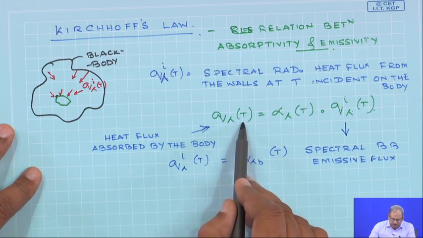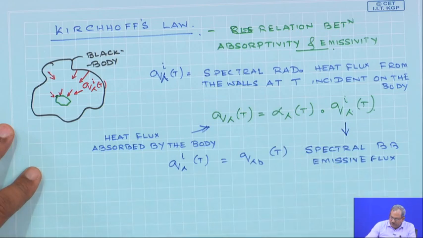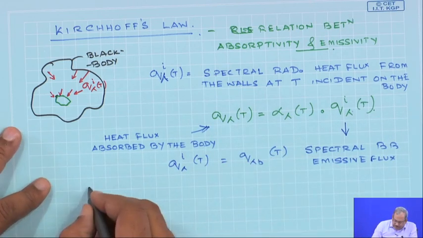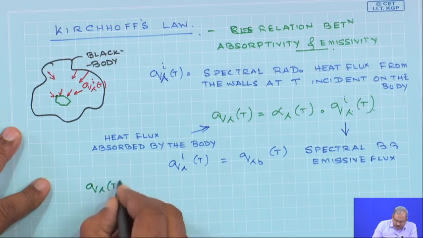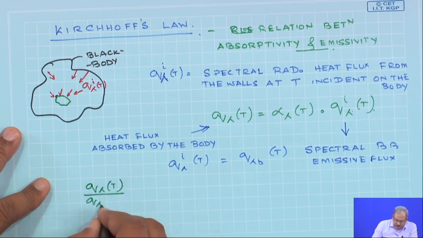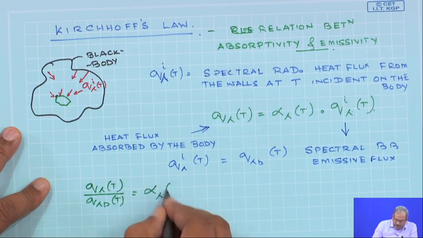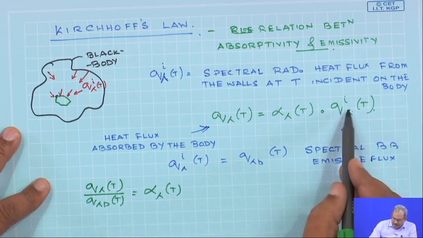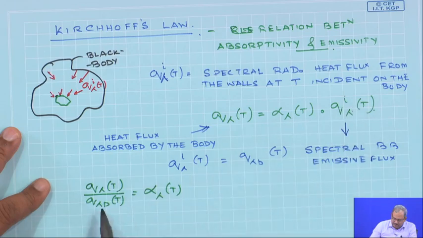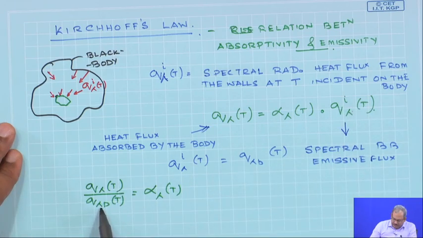equilibrium. So, if I work on this a little bit more, what I would get is that q lambda t by q lambda b t is equal to alpha lambda t. I have only replaced this by the spectral black body emissive flux.